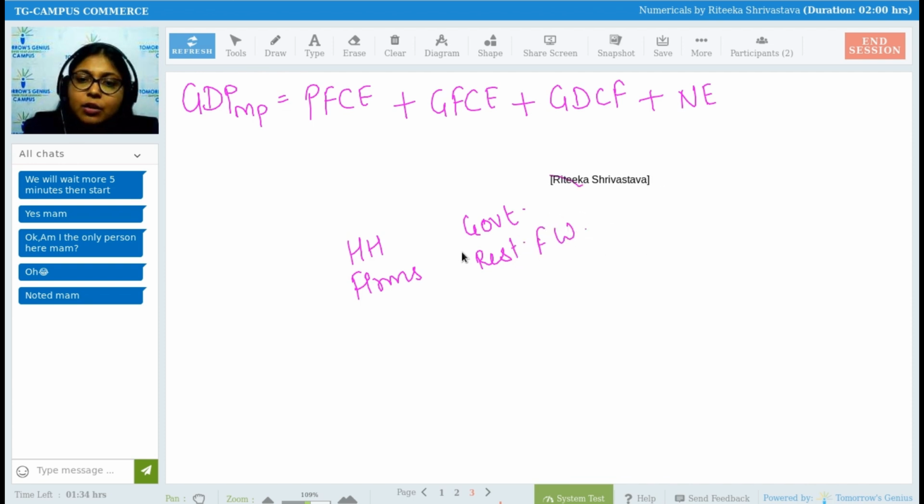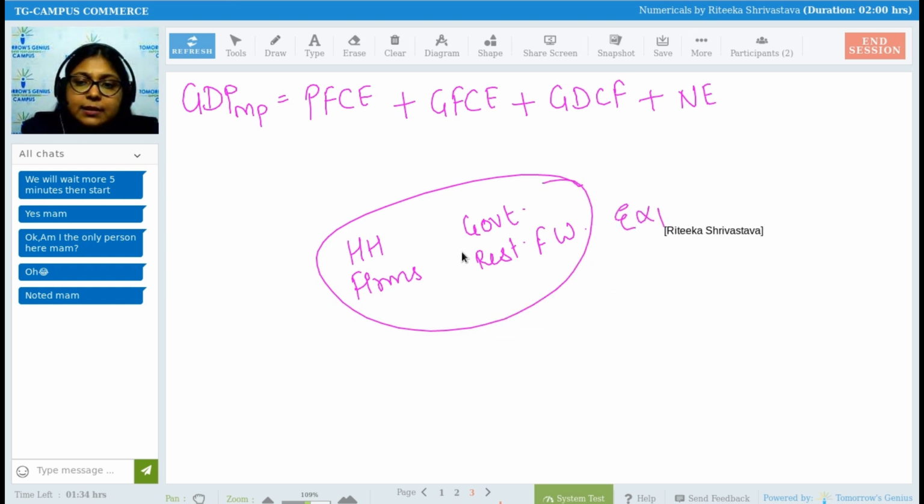These are the four sectors of the economy. So all the expenses made by these four sectors of the economy will be considered under GDPMP. No income will be considered under expenditure method, and no expenses will be considered under income method.